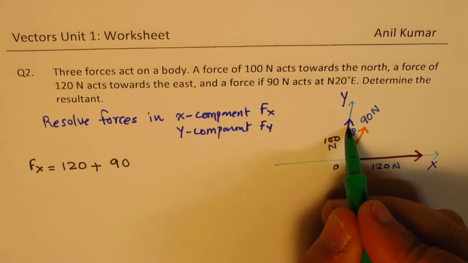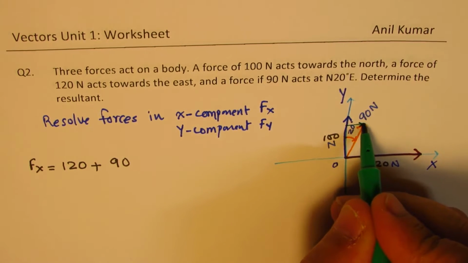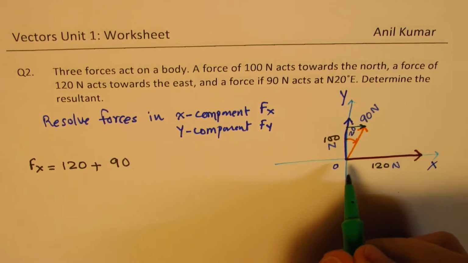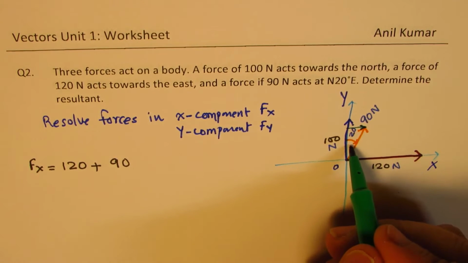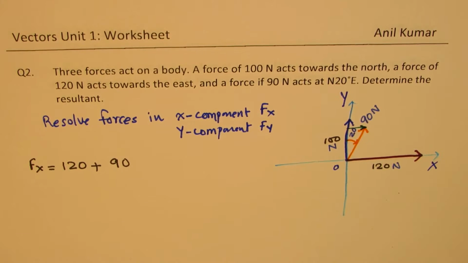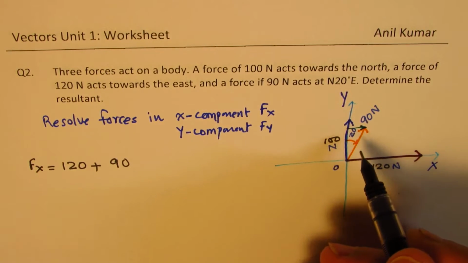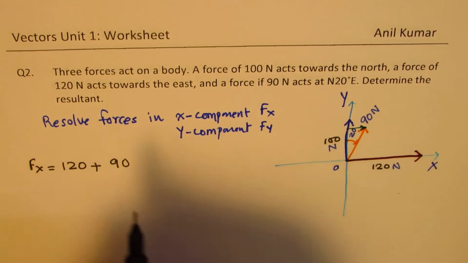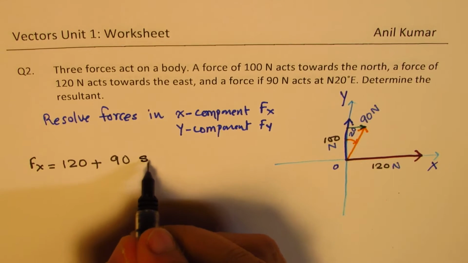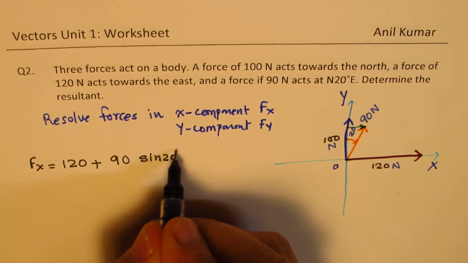If you look at this angle of 20 degrees, we can resolve like this. Do you see that? This side here is opposite to 20, so it is a sine component, 90 sine of 20 degrees.